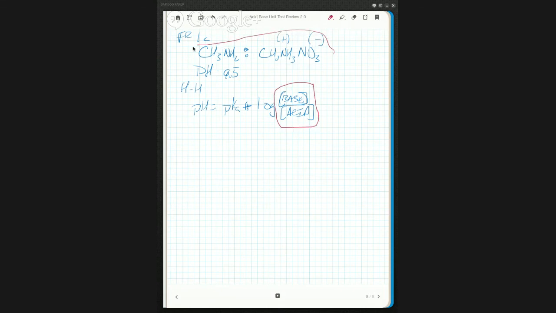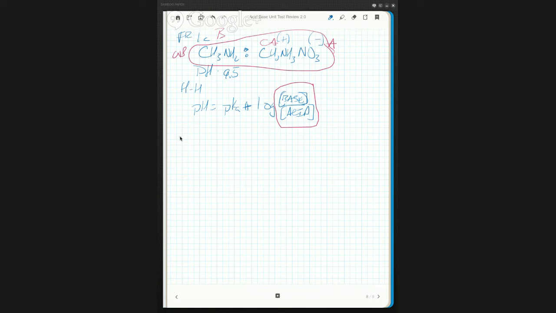This is the base, and this is the acid, right? Weak base, conjugate acid. Now, in order to do this, we're going to need some new information that hasn't already been given to us. They did give us the Kb.